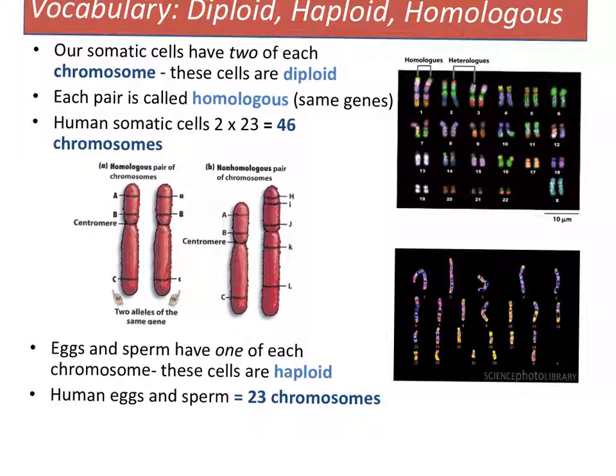We have 23 pairs of homologous chromosomes, so we have a total of 46. During meiosis, each sperm or egg has 23 single chromosomes. If it was from the dad, in the sperm, 23 chromosomes from dad. The egg, 23 single chromosomes from mom.